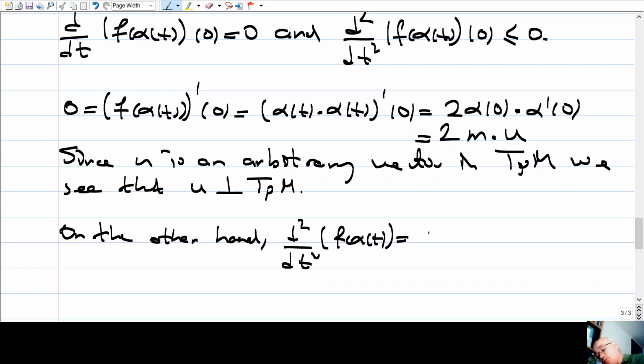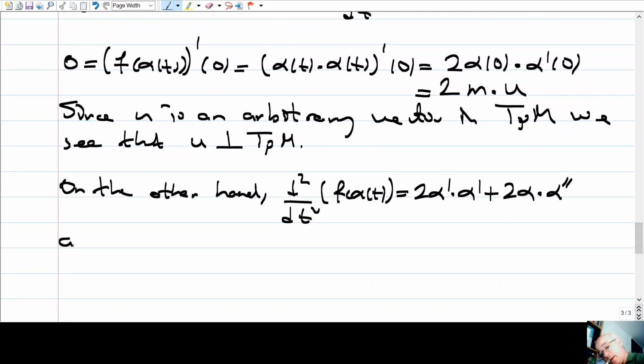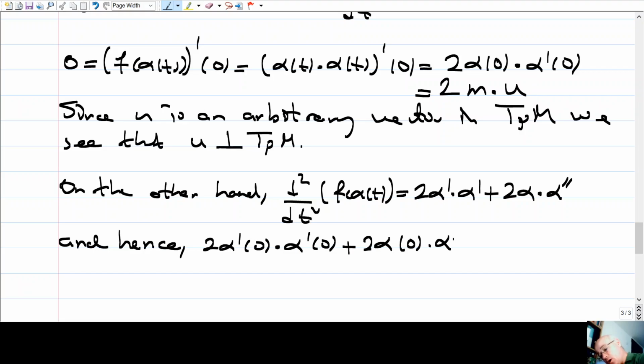I take the derivative one more time, so we get 2 alpha prime dot alpha prime plus 2 alpha dot alpha double prime, and hence if I plug in 0, alpha prime 0 dot alpha prime 0 plus 2 alpha 0 dot alpha double prime 0, this is negative.